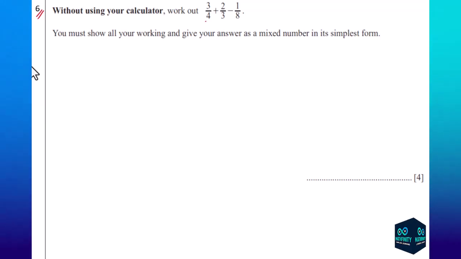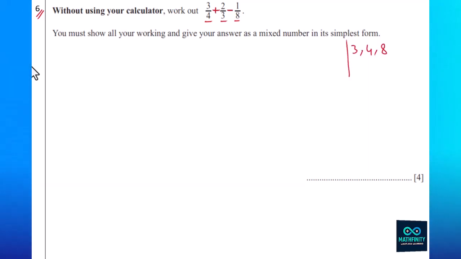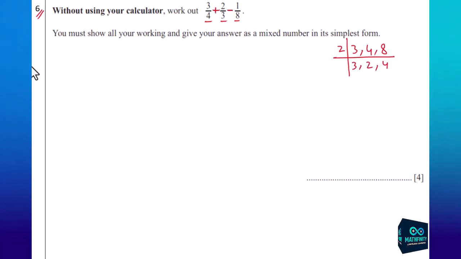Because there is no mixed number, first we have to search for the mixed number. If there is no mixed number, then we have to make the same denominator because of the addition and subtraction. So we will write here 3, 4 and 8. We will find out the LCM. First I will divide by 2, 2 and 4.